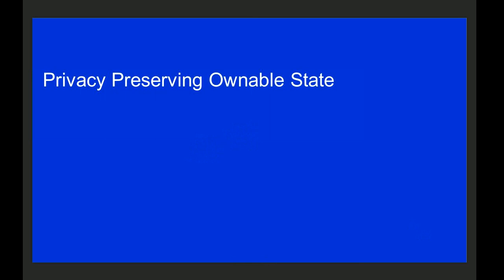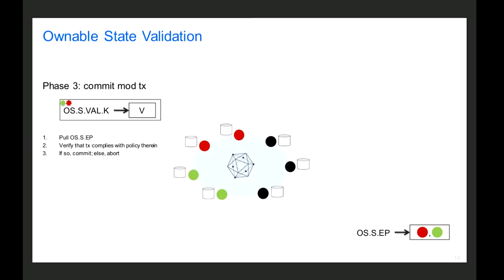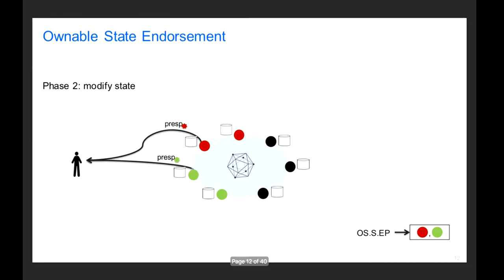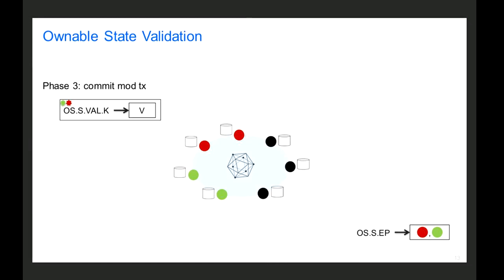So that's like the creation of an ownable state, right? Yeah. So essentially, it's the three. In the beginning, creating it, where you set the endorsement policy, then the modification, how you endorse a change to the ownable state, because you want to set a value in the ownable state, and then the last part is the validation part where you submit the full transaction, which then goes through the VSCC for the validation based on the endorsement policy.